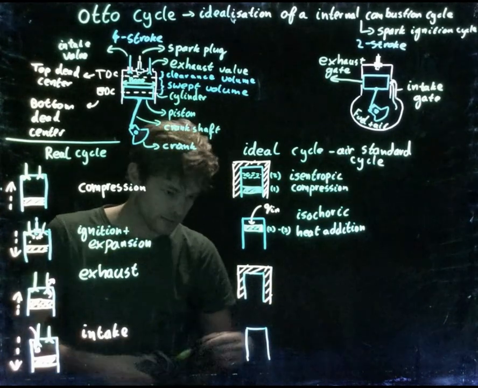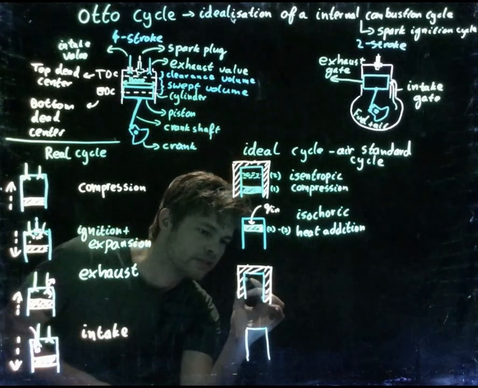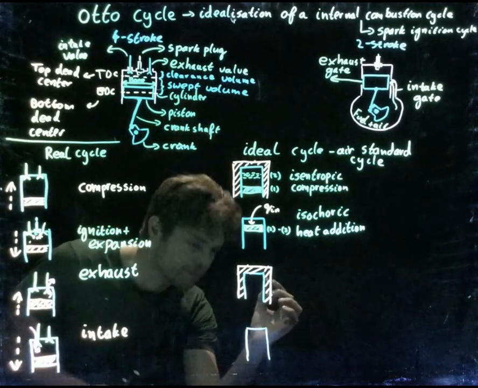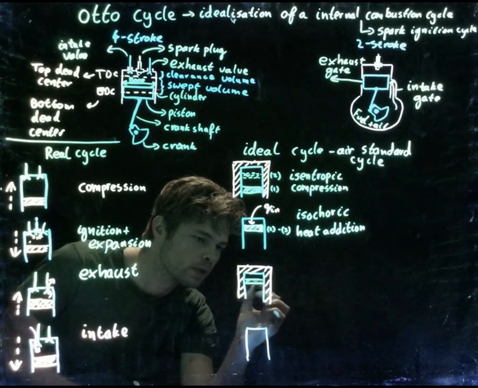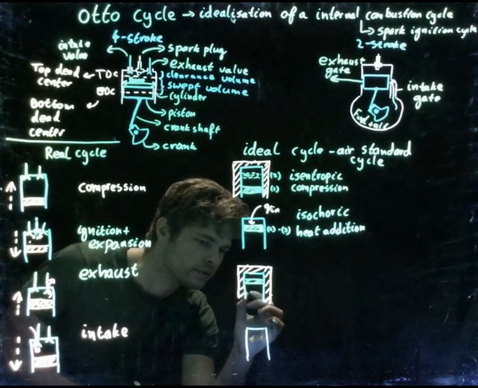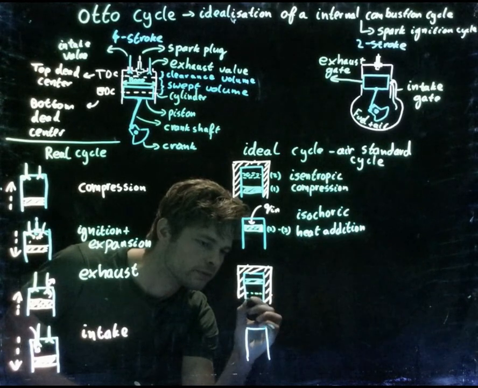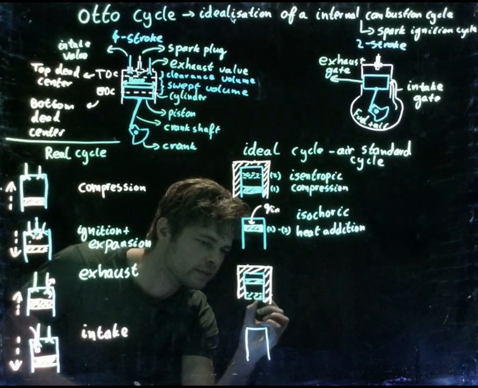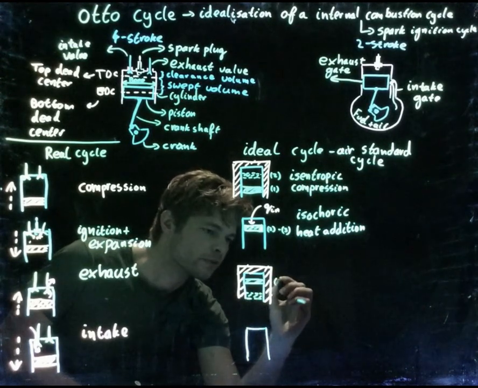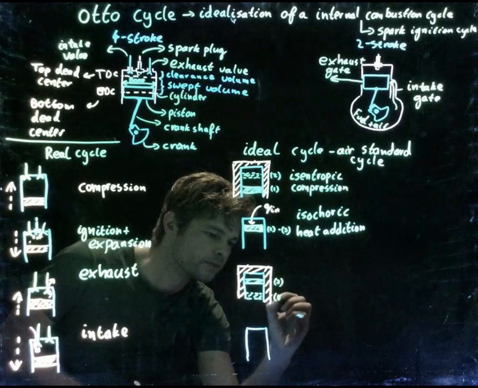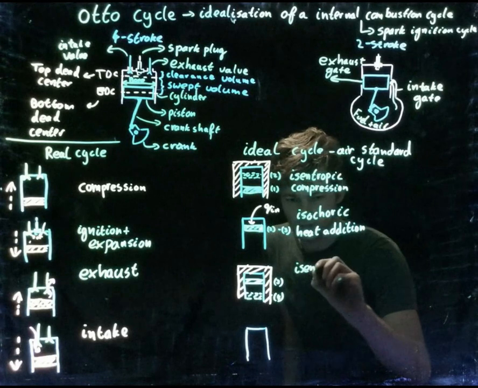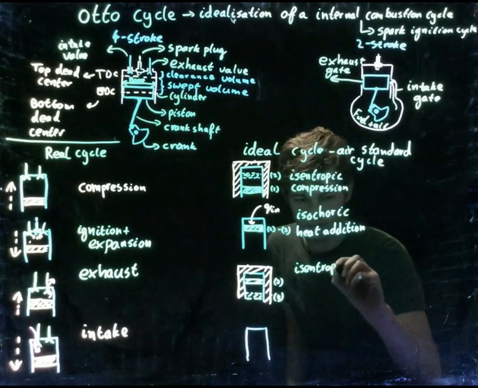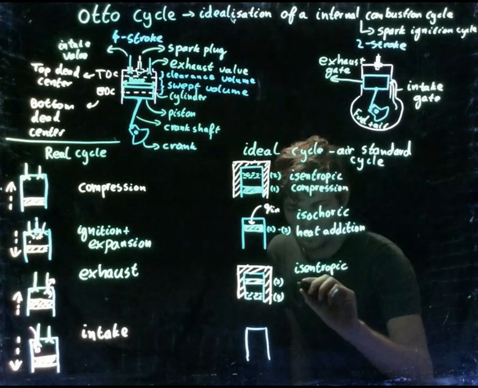And using green again, the cylinder will be moving from here, where it was, to here. So from 3 to 4. This is called isentropic expansion.